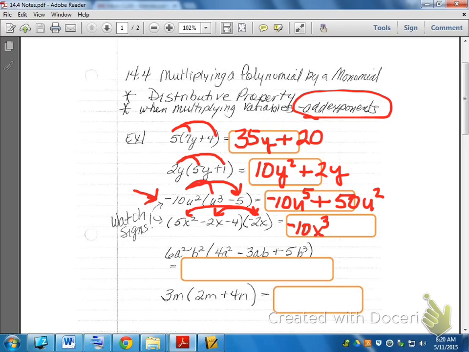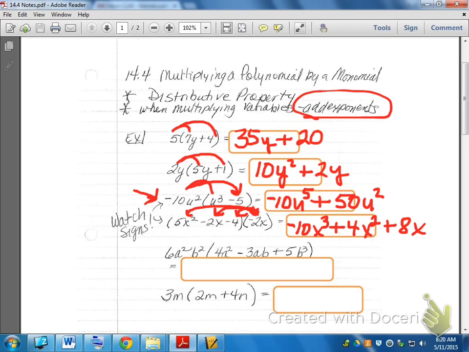So negative times negative makes it a positive. 2 times 2 is 4, and x times x is x to the second. And then I take negative 2x times negative 4, so negative times negative makes it a plus. 2 times 4 is 8. And there is an x that we need to take along.